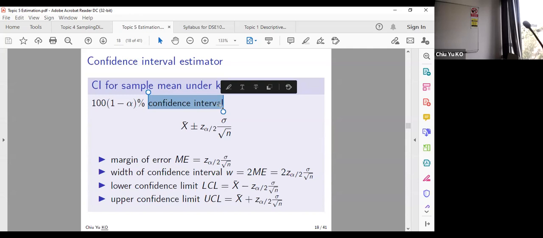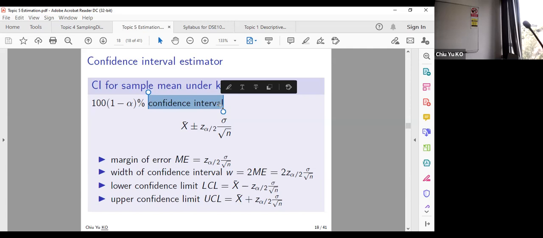So what confidence means here is that if we repeat this procedure hundreds of times, then 1 minus alpha of those intervals will include the mean. It's not probability. Let me repeat one statement because it is very important. It is not saying that with 1 minus alpha probability the mean is inside this one. No, because there's no uncertainty here.